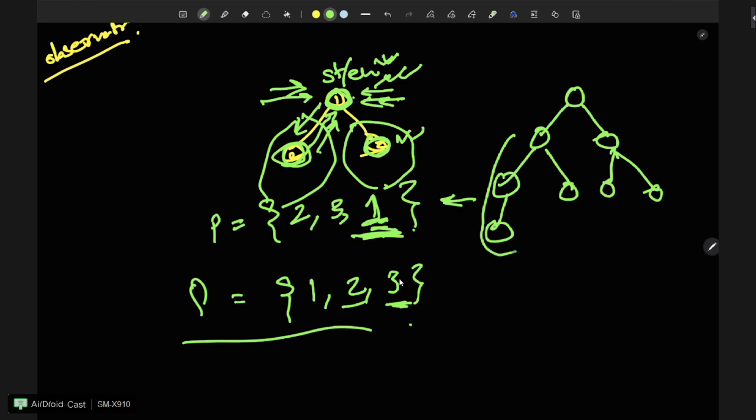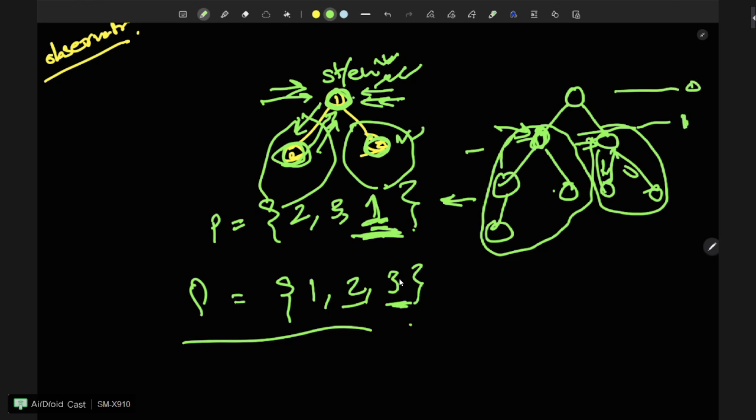This applies the same for bigger trees also. We will traverse all nodes, like move the mouse such that it would reach this level, like for this subtree it will move and reach this root, and for this subtree the mouse will move and reach this, you can say the first height, and this is zero height.